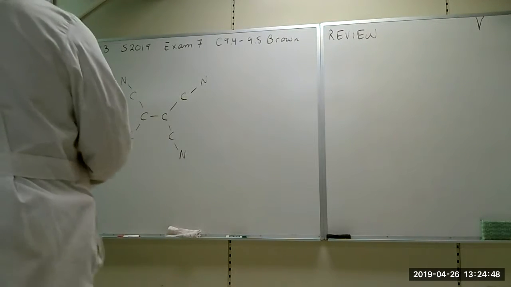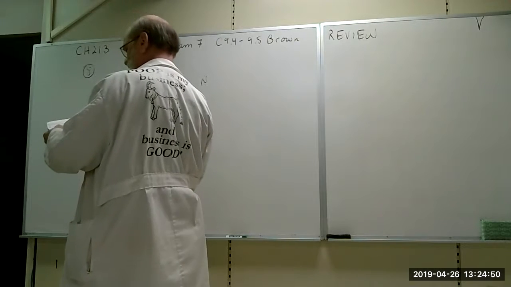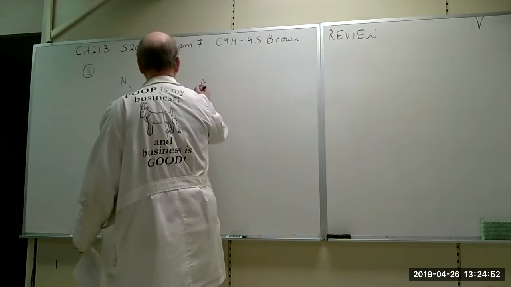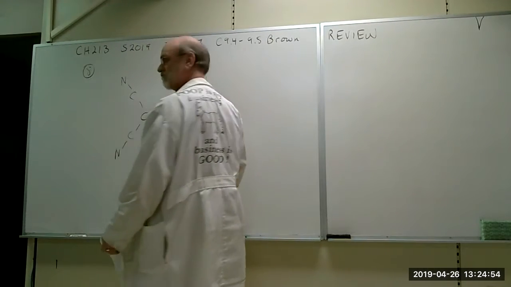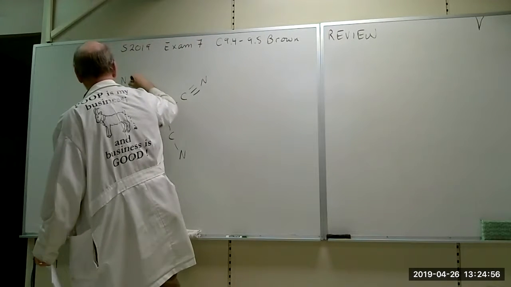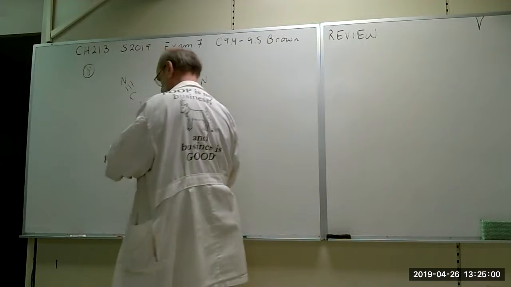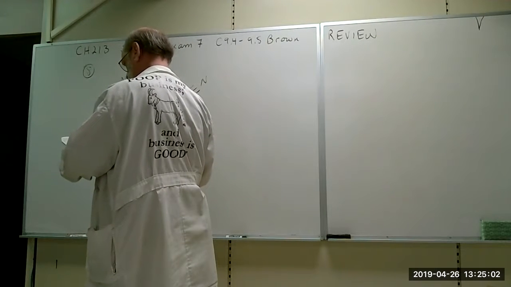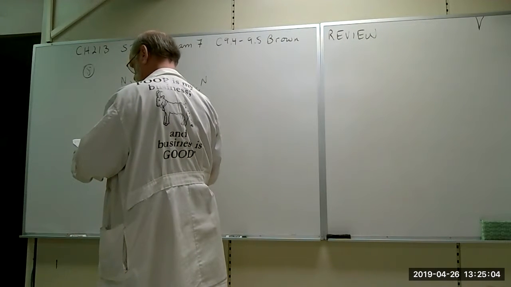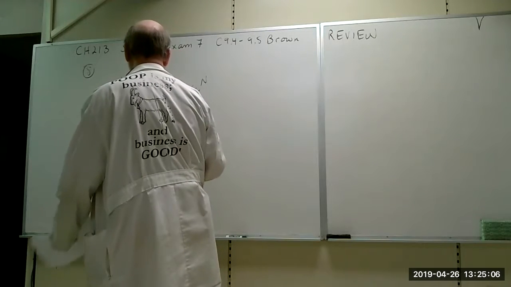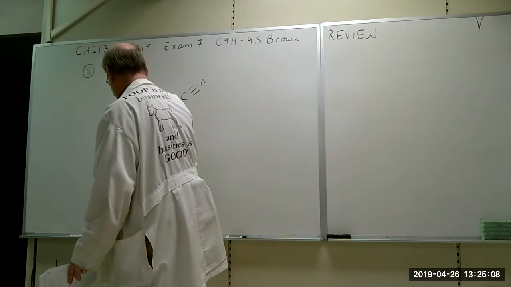To answer this question, you need to know what the name means. Cyano is this. Right? So tetracyano would be that. And then that has an octet.